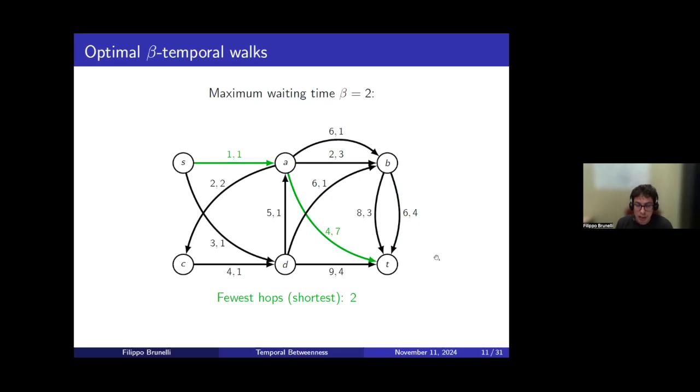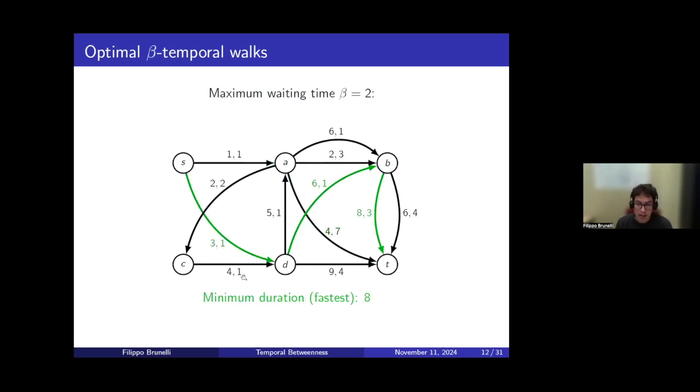Another type of criteria that we might want to consider is minimizing the number of temporal edges in the walk, which is often referred to as shortest. In this case, it's possible to go from S to T with 2 temporal edges. Always keep in mind that we need to satisfy the waiting time constraints.